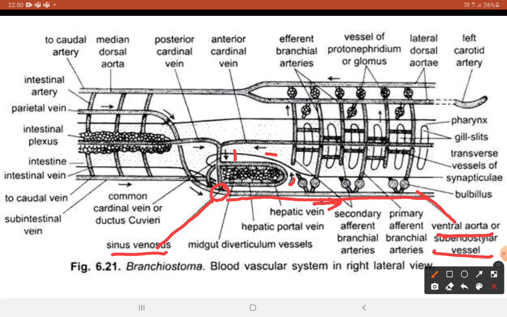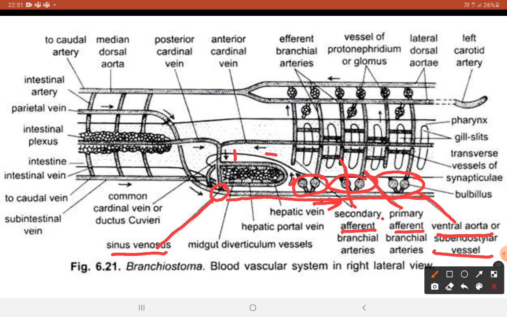Now from this ventral aorta, we said it gives off afferent branchial arteries, right? So these are the afferent branchial arteries, the ones which go to the primary gill bars, or the primary afferent branchial arteries, and the ones which go to the secondary gill bars, or the secondary afferent branchial arteries. Now if you observe here at the base of these afferent arteries, you can find these round structures, right?